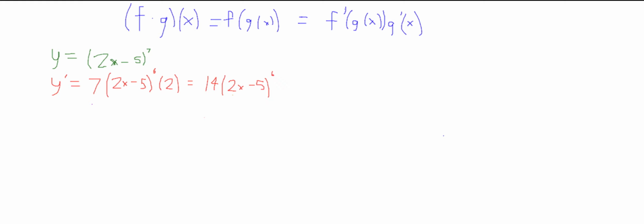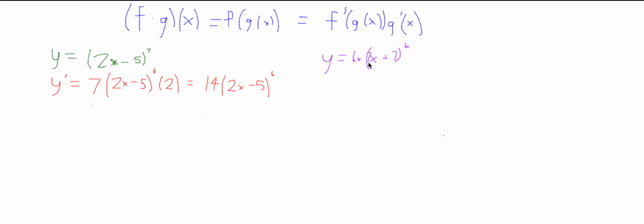Now let's go ahead and do another problem here. So we got y equals 6x times (7x plus 7) to the 6th.